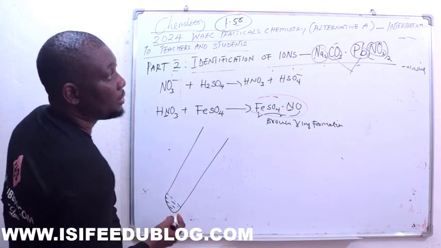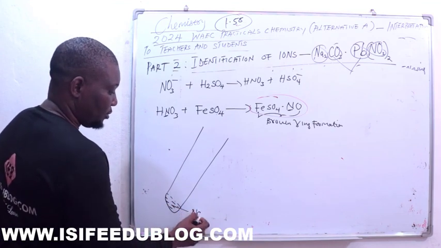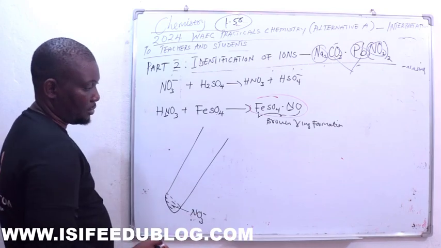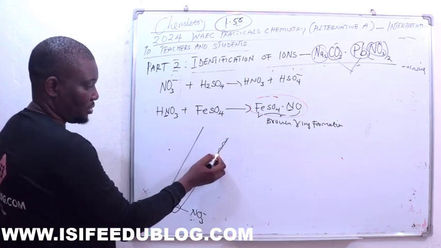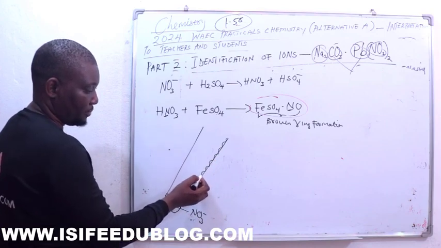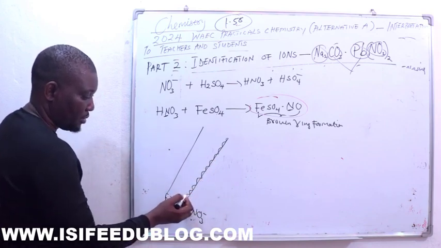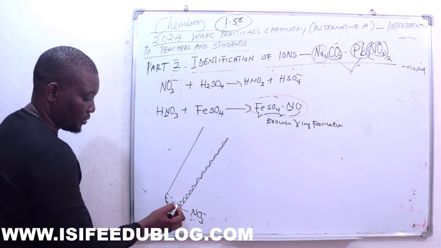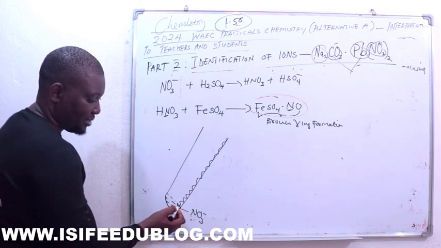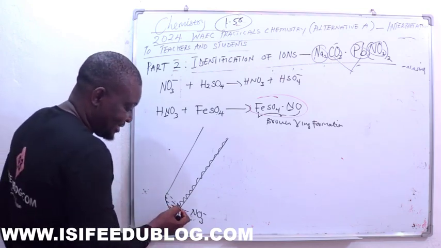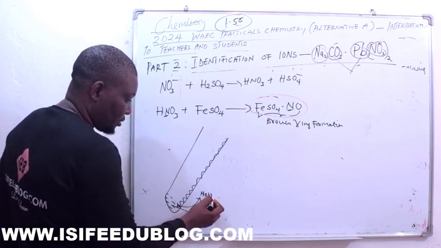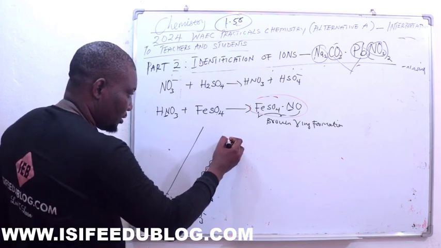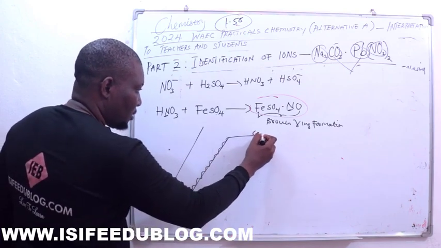What is identified here is NO3⁻. The acid is carefully added down the slanting tube and meets the filtrate, which is concentrated H2SO4.